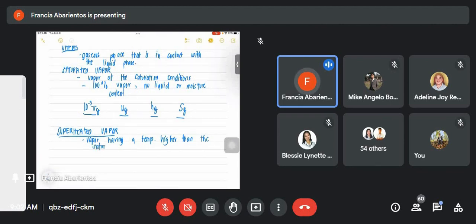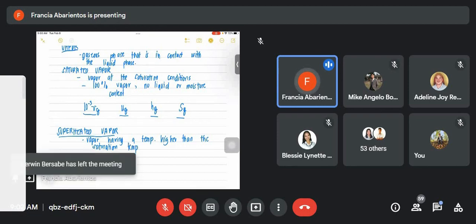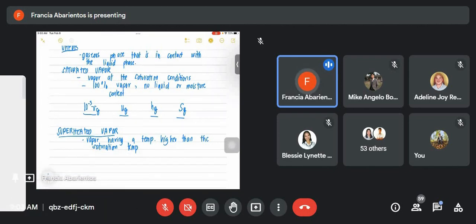So, balikan nyo yung class yun sa taas, ha? Diba, yung subcooled, lower temperature than the saturation temperature. So, pag mas mataas class, superheated yun. Okay? So, may pinagkaiba siya.